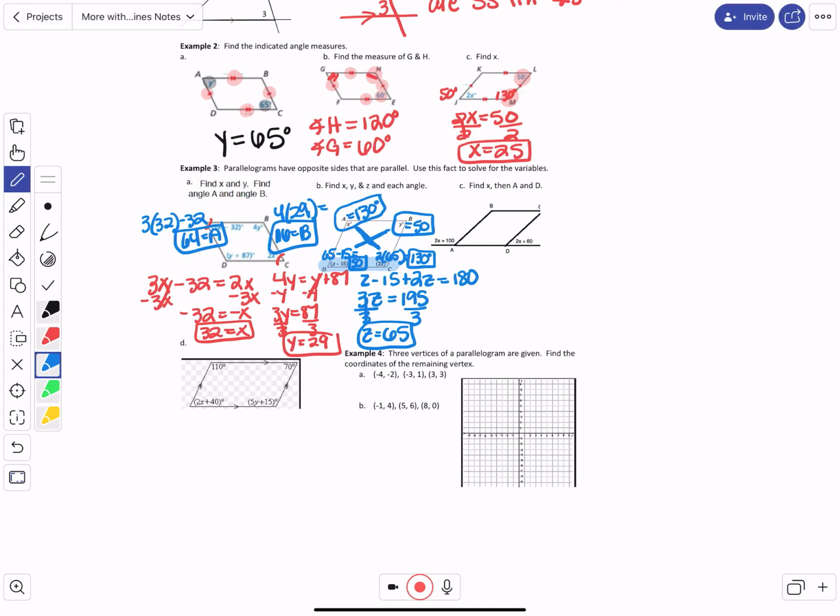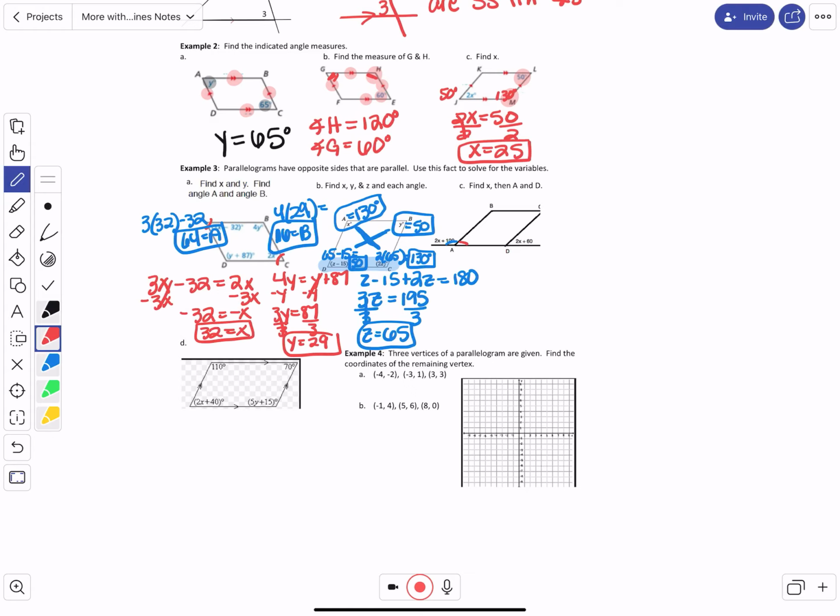Okay. All right. Now, for this, I know that this angle here is going to be supplementary to my red angle.